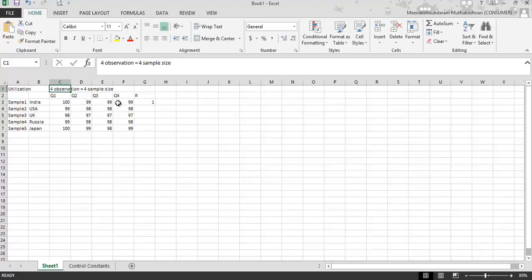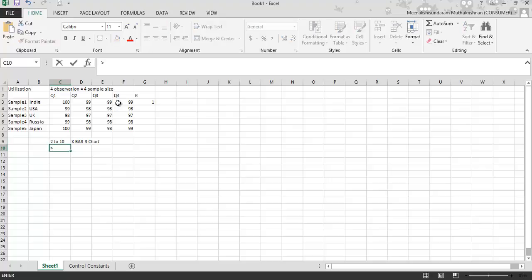Whenever the sample size is between 2 and 10, we can use the Xbar R chart. For this case, we have 4 observations, so we are using the Xbar R chart.